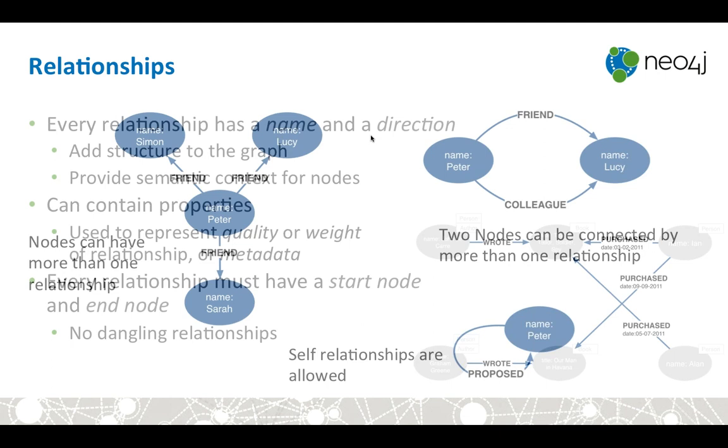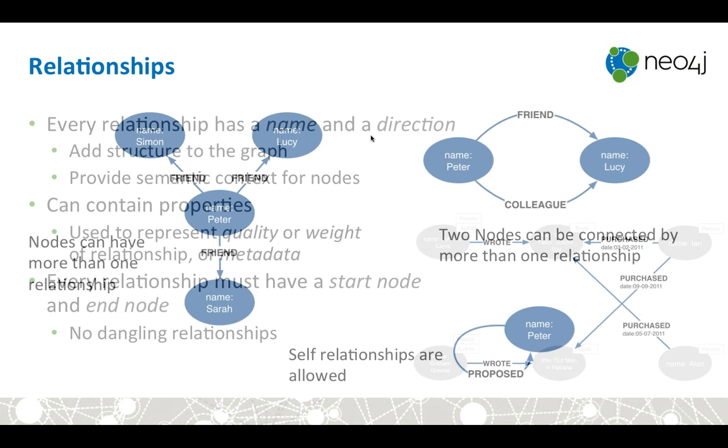Like nodes, relationships can also contain properties. And for relationships, oftentimes these properties represent qualitative information like weights, distances, time information, ratings, and so on. And of course, metadata is also possible. But you're not limited in what you want to put on a relationship.